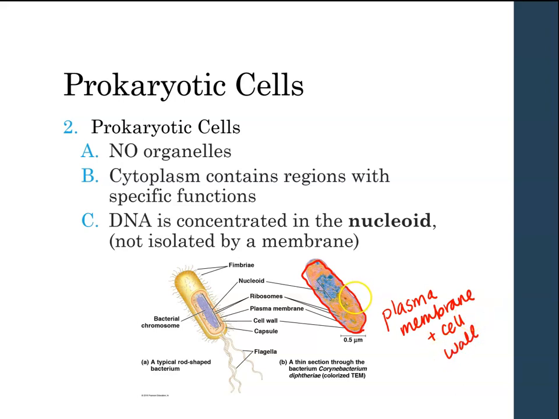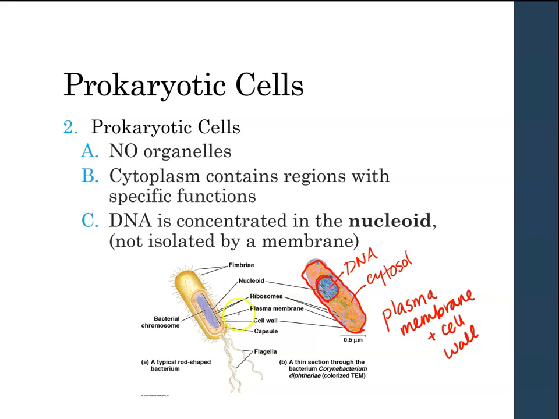And then inside you have your cytosol. So all of your cytoplasm with everything suspended in it. Inside you have ribosomes that you can't necessarily see. They're there, you can't really see them. They are just floating around in the cytoplasm. And then you have this region not bound by a membrane of DNA, and that is called the nucleoid. It's just a region where your DNA is sort of concentrated.